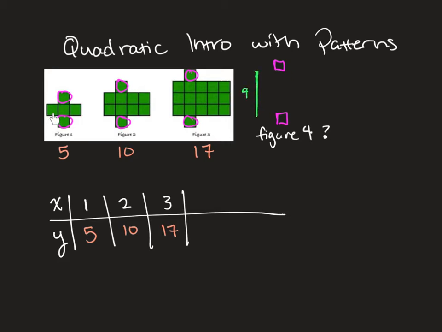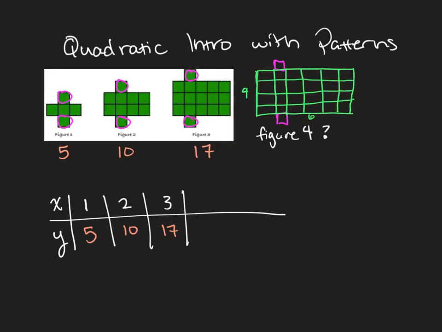And since this goes 3, 4, 5, this next side would be 6. So I'm going to fill that in so that looks correct. Okay. So then we have 4 times 6 is 24, plus 2 gets us up to 26. So in the fourth figure, there are 26 squares.